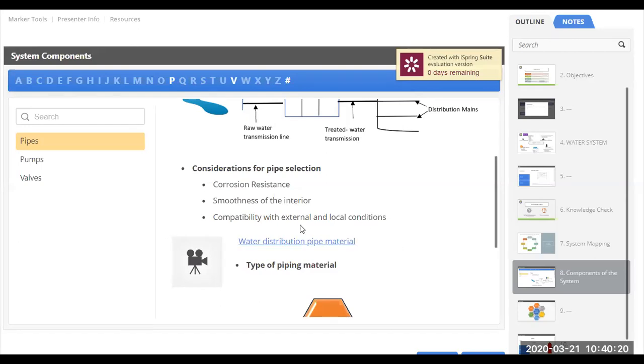That's where we look at the pH of the water, for instance, which can cause corrosion in some pipes. We look at the accumulation of, most times, calcium chemicals on the inside of the pipe based on what's in the water. Then externally, we look at the soil, the pressure of traffic, and how deep the pipe is to be buried in the soil.